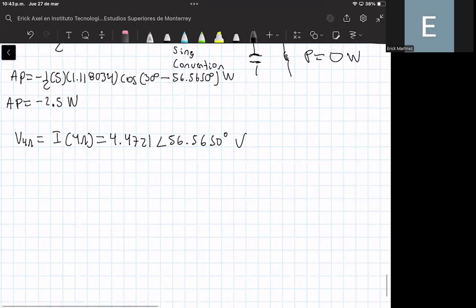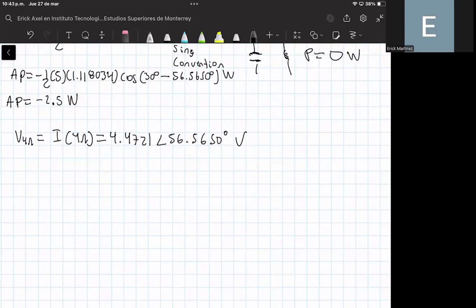Now we can compute the average power of the 4 ohm resistor. Again, we have 1 over 2 times the amplitude of the voltage times the amplitude of the current times the cosine of the phase angle of the voltage minus the phase angle of the current.